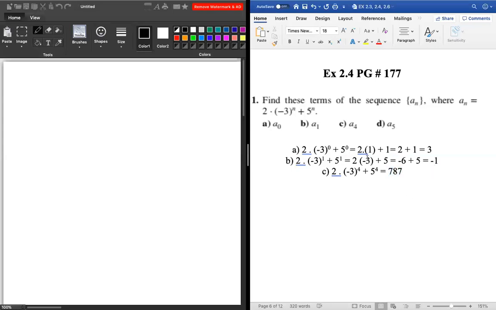So it's 787, just following the same steps. Okay, D, for the same thing here, we'll just replace it with 5. After we plug in the values, we will get 2,639.